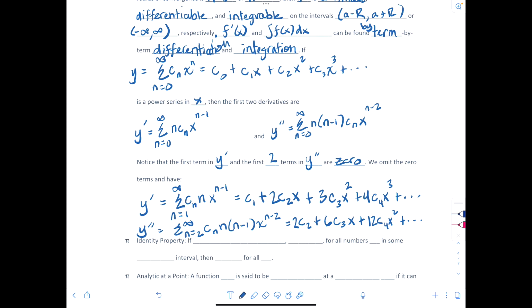Identity property. If the summation as n goes from 0 to infinity of c sub n times x minus a to the n is equal to 0, okay, if the whole summation is equal to 0 and r is greater than 0, for all numbers x in some open interval, then it turns out that c sub n is equal to 0 for all n.